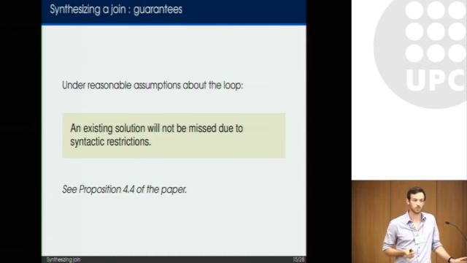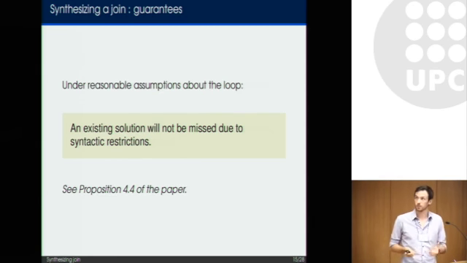And we have theoretical guarantees that this syntactic restriction, by simply building a sketch, a partial program from the sequential implementation, is enough, and is also good enough so we do not miss any solutions.